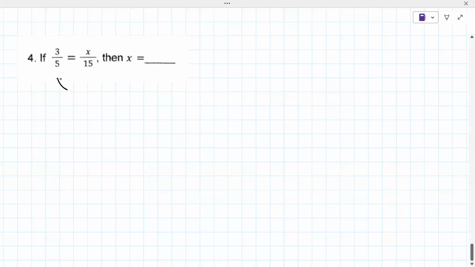So your hint here is that there's a multiplication to go from 5 to 15. What do you multiply by? What would X be? 9? It would be, yeah. All right, very good.